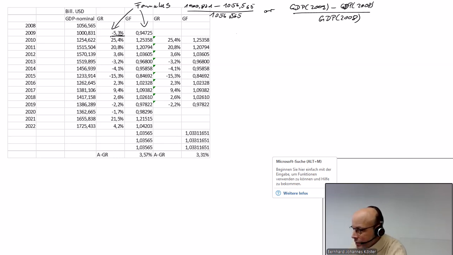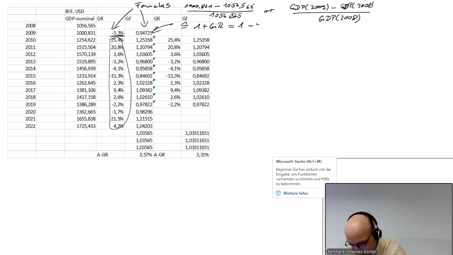And of course, you do not have to do it for every number here. I just have to see what you have done in this column. And this one is then, for example, 1 plus the growth rate. Or write down 1 minus 5.3% in a minute.